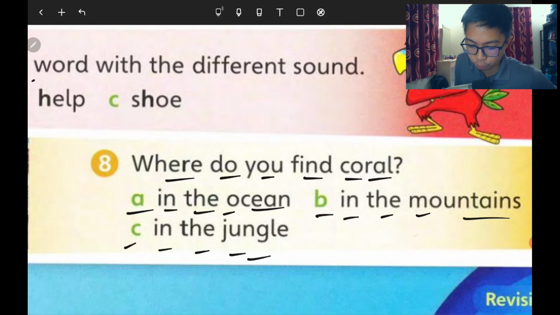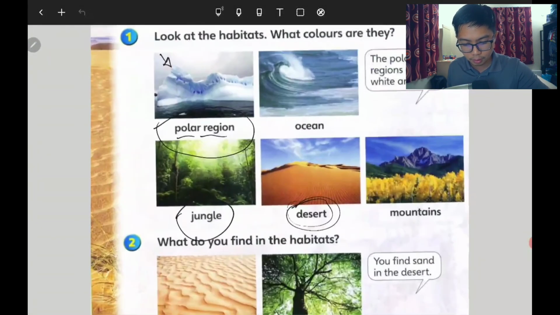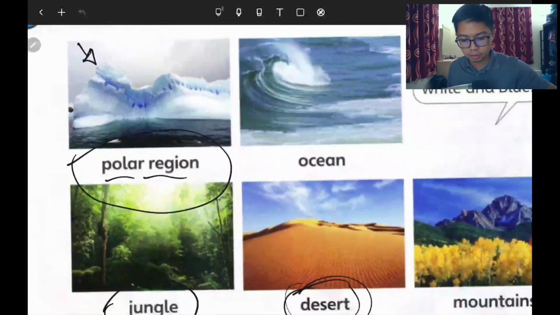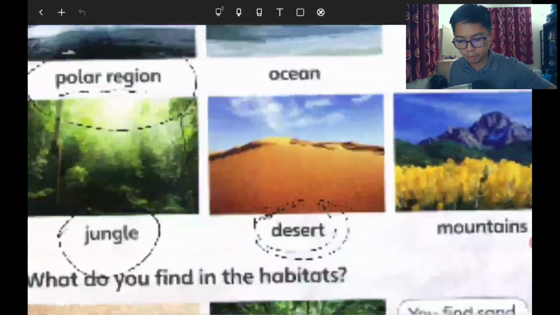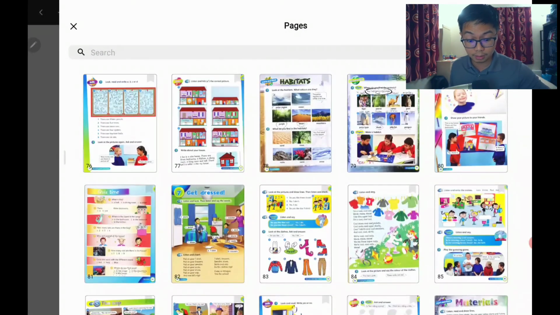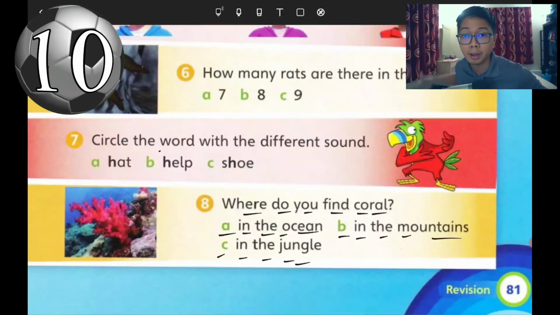So where can you find the coral? For this one, I'm sure we have learned about the habitats. Where can you find the corals? Polar region, ocean, jungle, desert, mountains. So you have 10 seconds to answer this question in your mind, starting now.